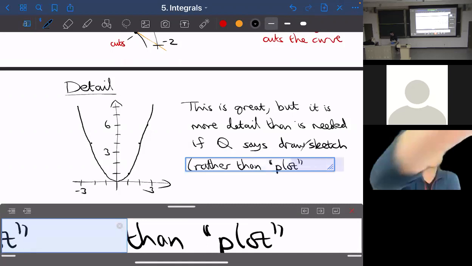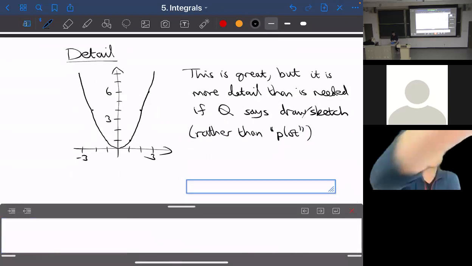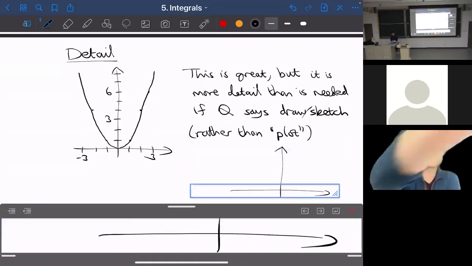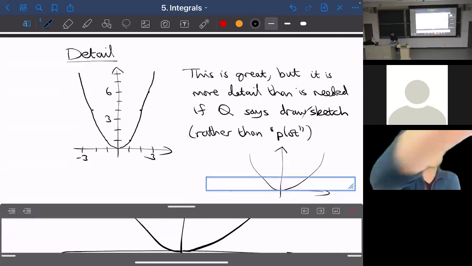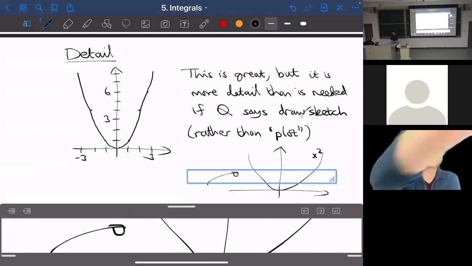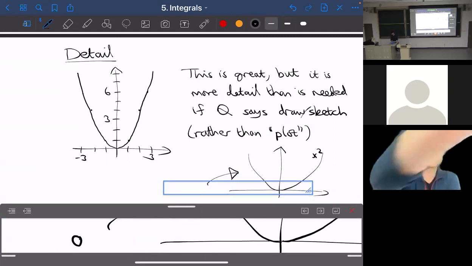But if it says draw or sketch, then just something like this, which I've done many times. This is good enough. So I guess what I'm saying, the graphs you draw in exams don't have to be better than the ones I draw in lectures. So good enough.